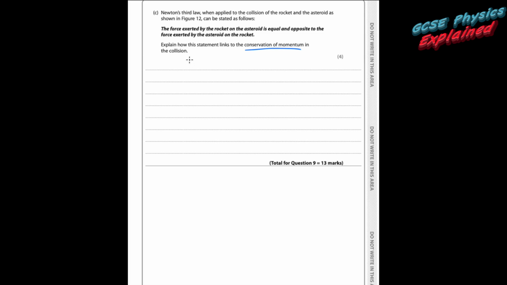As soon as you see them say conservation of momentum, what that basically means is the total momentum before the collision is going to equal the total momentum after the collision. So that's where I always start. Now, if they're talking about the force exerted by the rocket on the asteroid is equal to the force exerted by the asteroid on the rocket, impact force, we use the same equation we've just used on the crumple zone question about the trolleys.